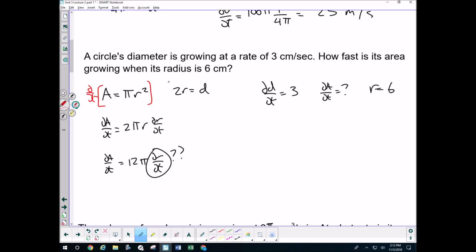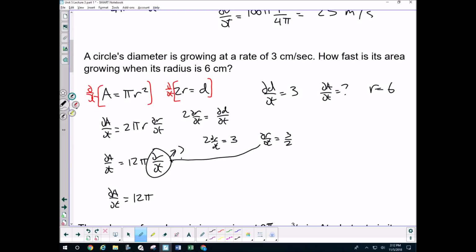Taking the derivative of this would help me find dr/dt. I get dr/dt is just 3/2. dA/dt will equal 12 pi times 3/2. That is 18 pi. It's an area, so it'd be squared units.